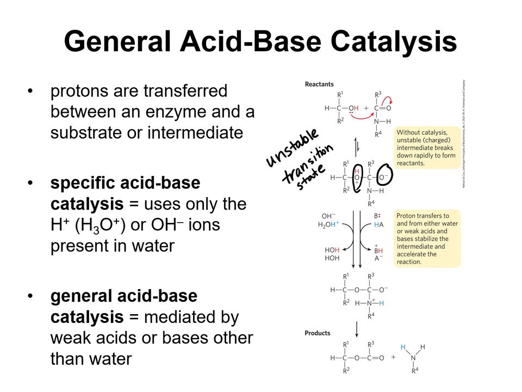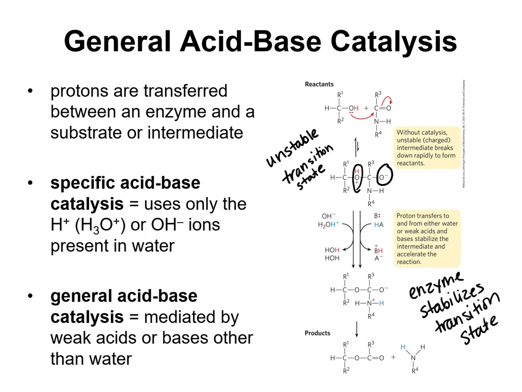So this intermediate is going to rapidly break down, form the products again, and say, nope, can't do it. However, if you have an enzyme, you can stabilize that transition state. So that's a big plus.